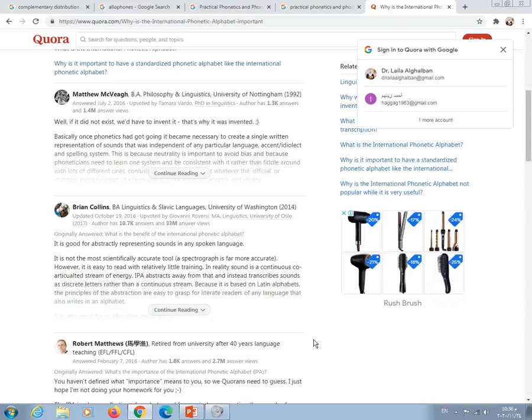For example, the click sounds and the click languages. You will find them in many languages which are called click languages in South Africa and so on.